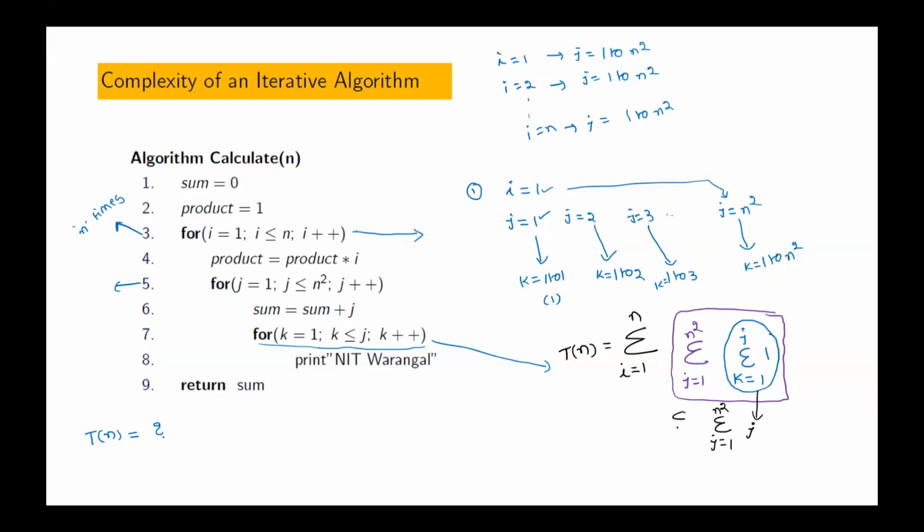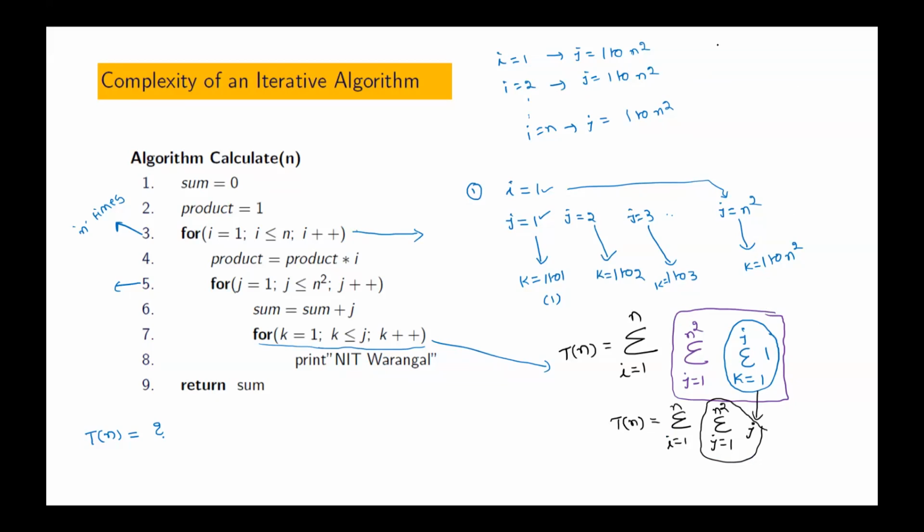We have this now, with i equal to 1 to n. This we have T of n. Now we can simplify this. What is this value? n into n plus 1 into 2n plus 1 by 6. So it is nothing but j equal to 1 to n square, 1 plus 2 plus 3 up to n square.